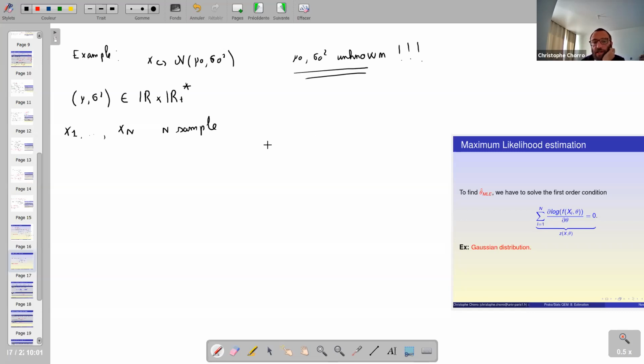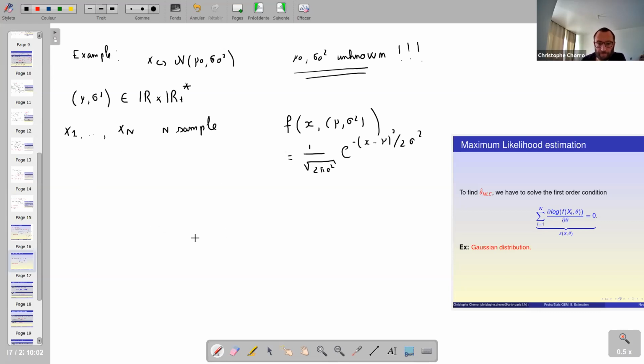But what I know is that the density of interest here is of this form. It depends on mu and sigma squared, with my notation, and is given by 1 over the square root of 2 pi sigma squared times the exponential of minus (x minus mu) squared over 2 sigma squared.